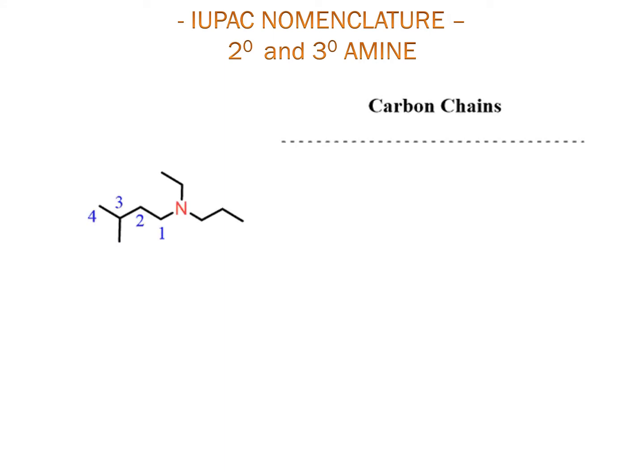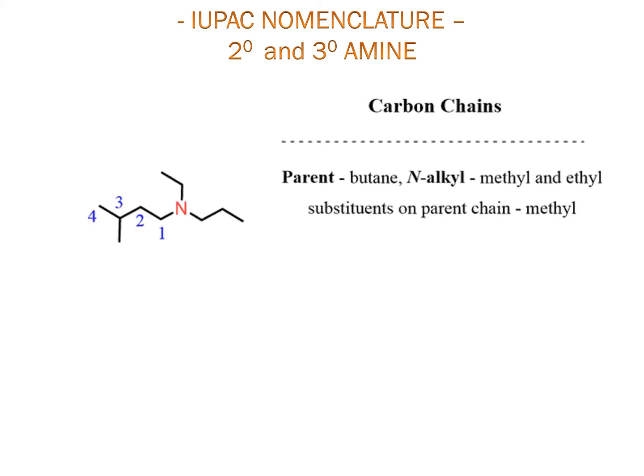Another example, we choose the parent chain as butane and the alkyls are methyl and ethyl, and another substituent on the parent chain is methyl. So the full name is N-ethyl 3-methyl N-propyl butan-1-amine.